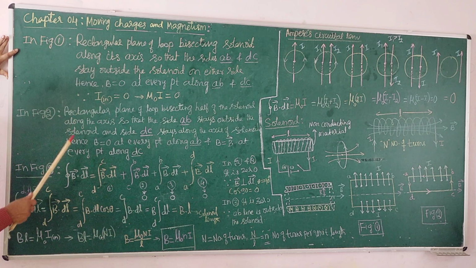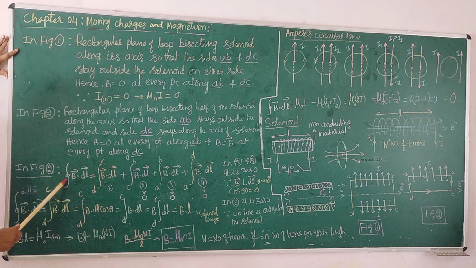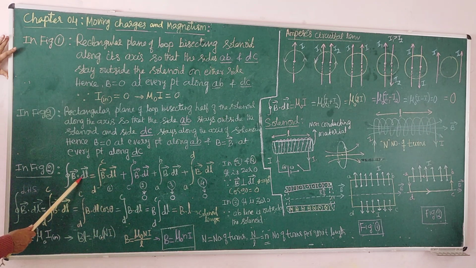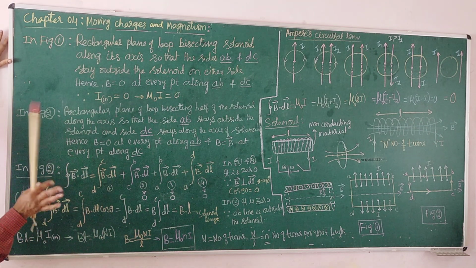According to Ampere's law, the integral of B dot dl around the entire loop equals the net current enclosed. The loop is not one uniform line; there are 4 different lines.